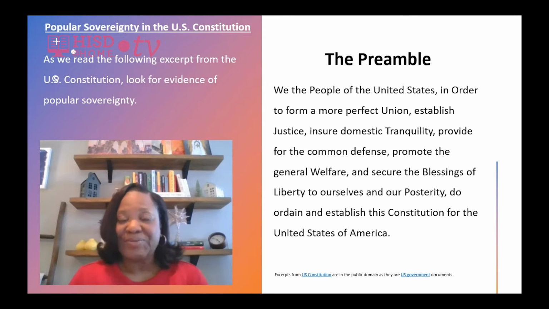We, the people of the United States, in order to form a more perfect union, establish justice, ensure domestic tranquility, provide for the common defense, promote the general welfare, secure the blessings of liberty to ourselves and our posterity, do ordain and establish this Constitution for the United States of America.